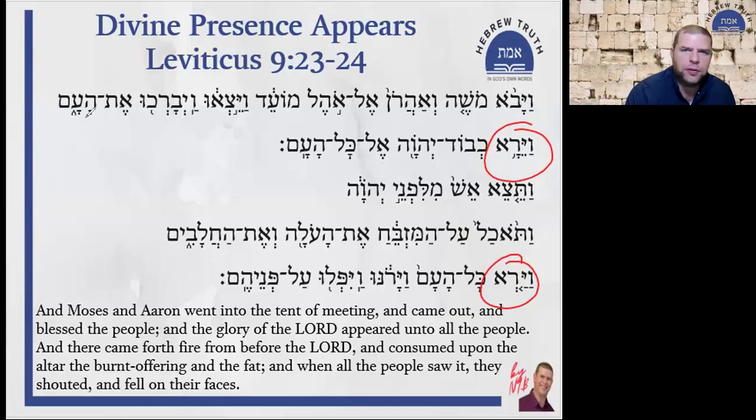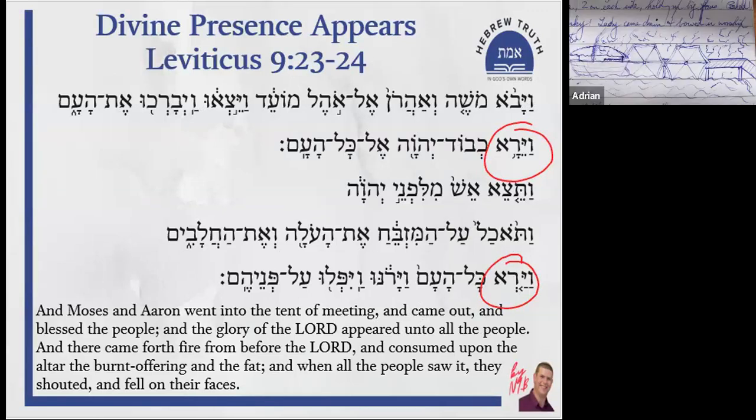So what is the root of both these verbs? Vayera and Vayar, they actually have the same root. Guys, do you know what's the root of these? Ra'ah.